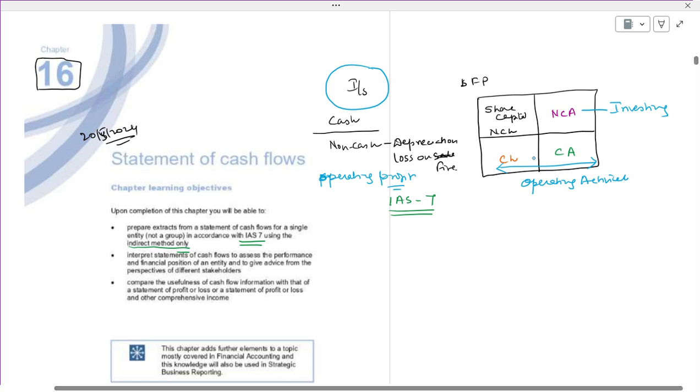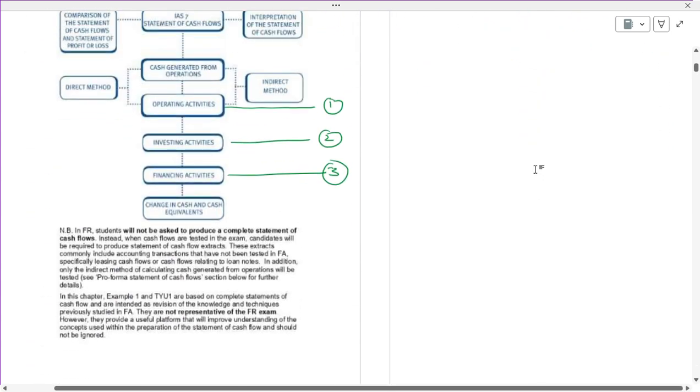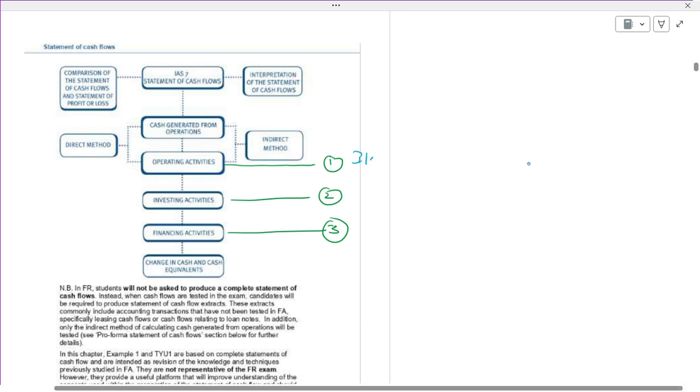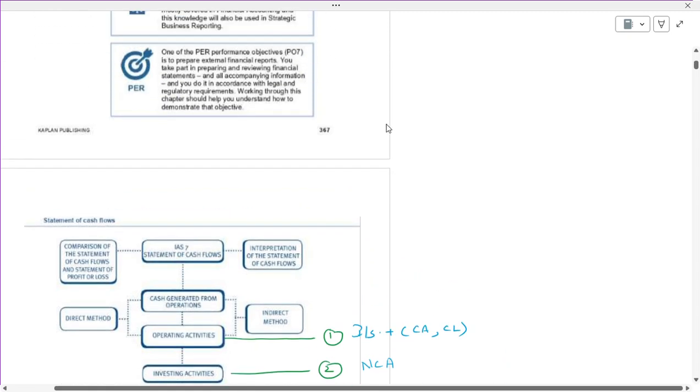Financing activities, as the name itself says, relate to share capital and non-current liabilities, which you show separately. So operating covers the income statement plus current assets and current liabilities.